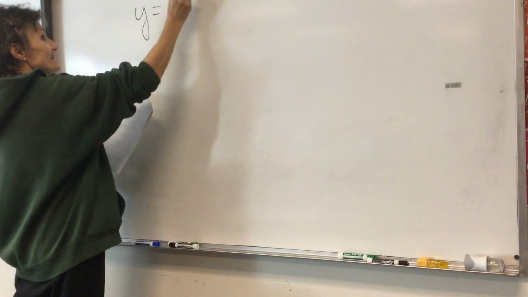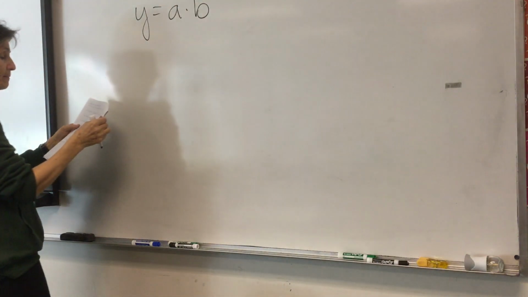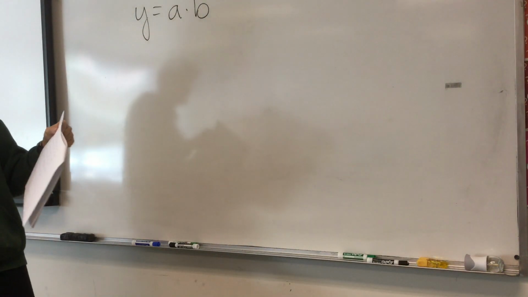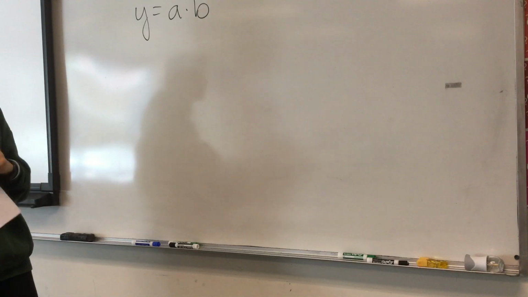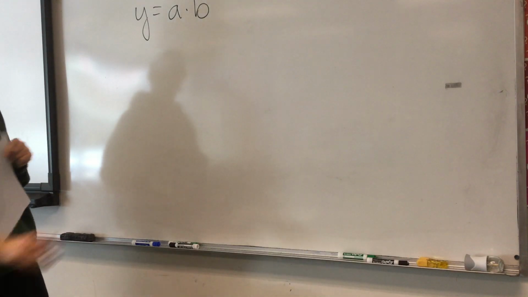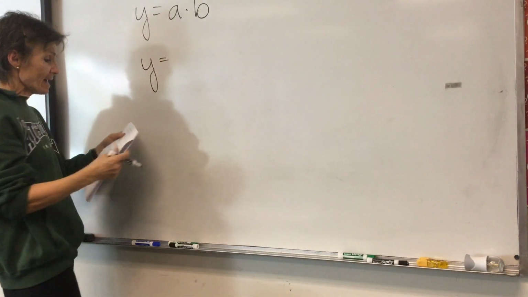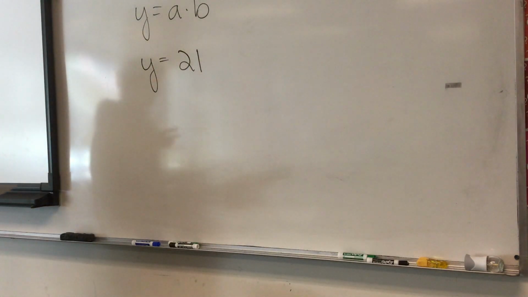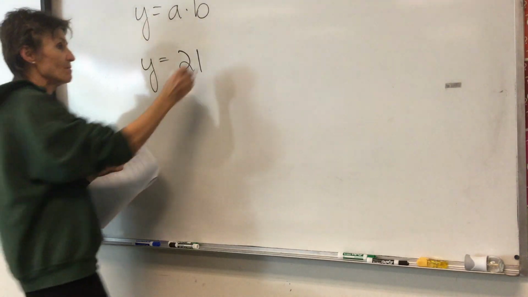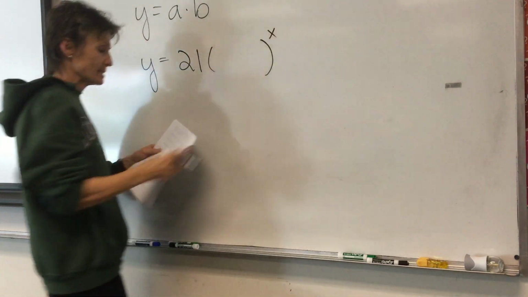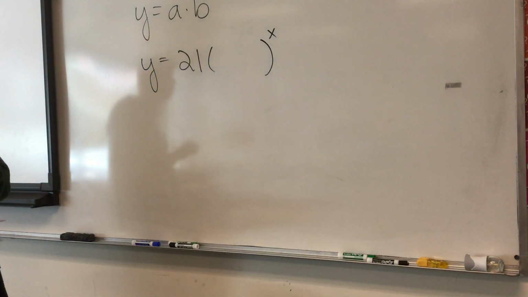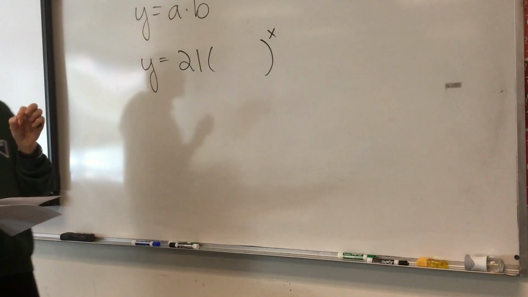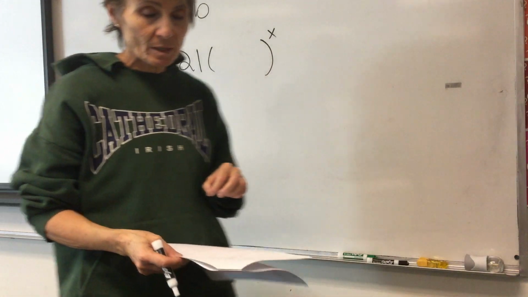Now, you're going to write the same kind of equation, but now they're just giving you the initial value and the rate of growth or decay. So for problem A, it says the initial value is 21. Okay, that's easy. And then we are increasing by 21% a year. So our rate of growth is 21%.